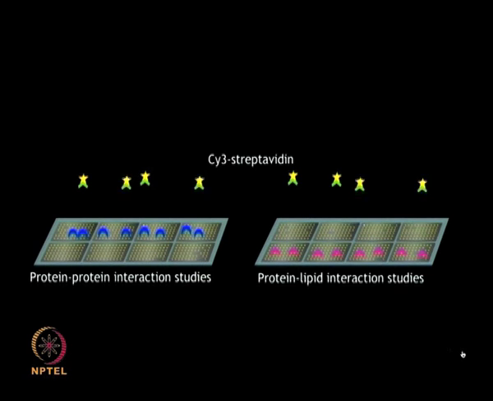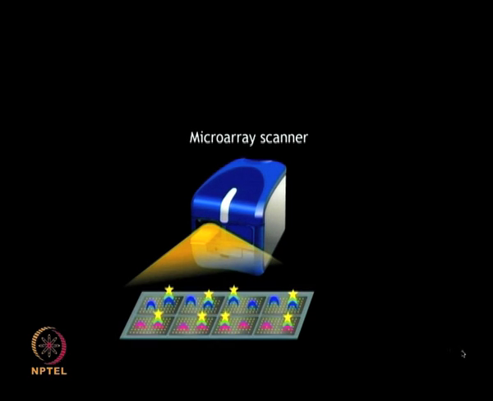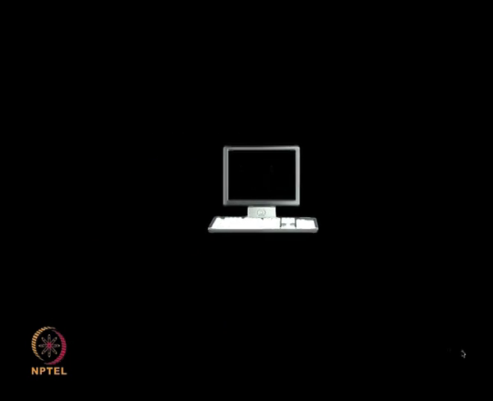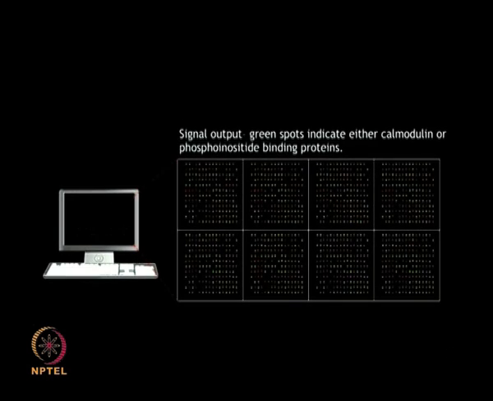The detection was carried out by using Cy3-labeled streptavidin. Arrays were washed, dried and then scanned by using a microarray scanner. So, 6 of the known calmodulin targets and 33 potential partners were identified, with 14 of these proteins possessing a consensus sequence.